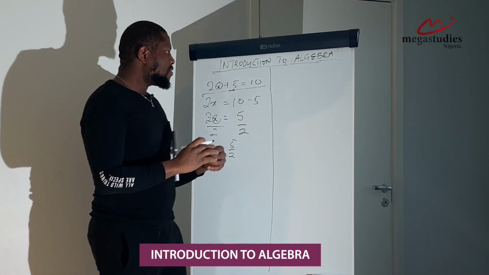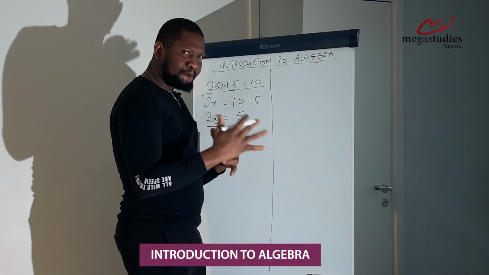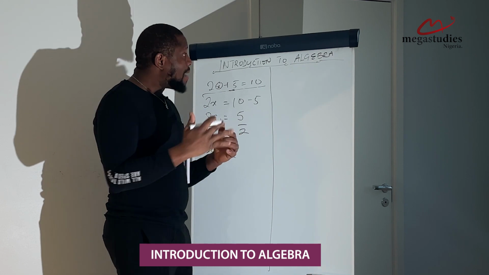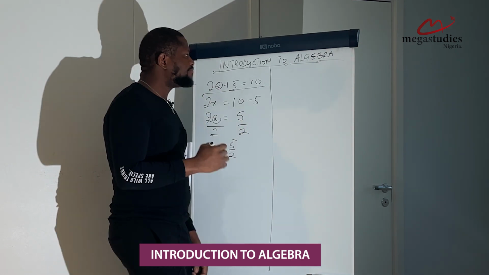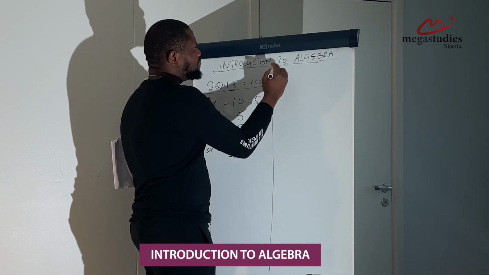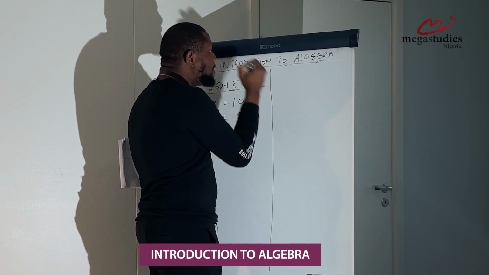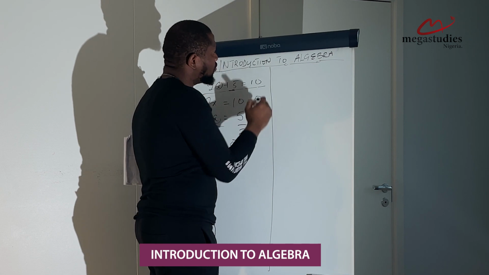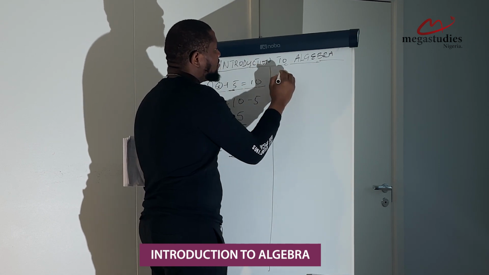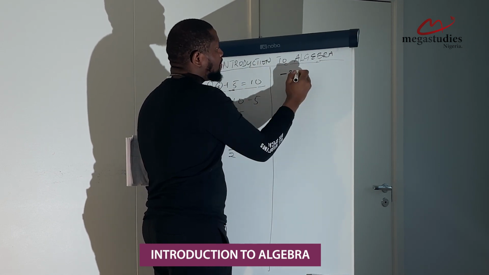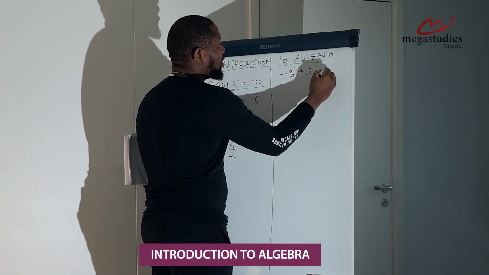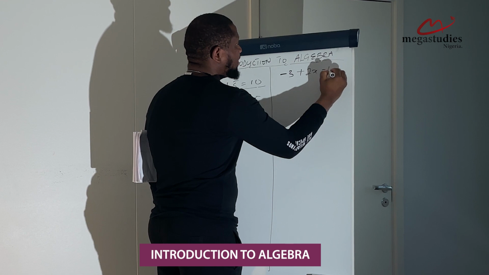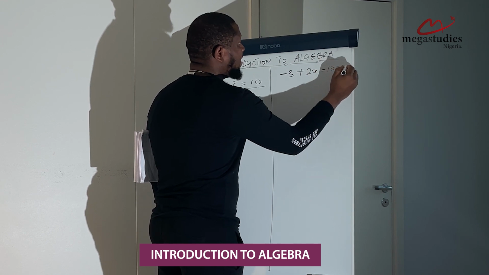Now, let me recall our memory on manipulations of sign. For example, if we have a number that is crossing the equals to sign, for example, we have -3 + 2x = 10 - 4x.